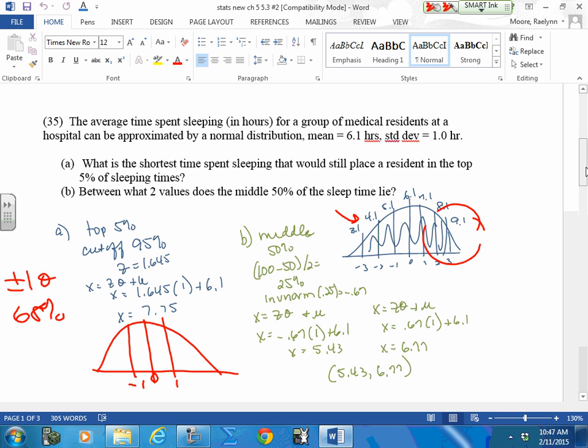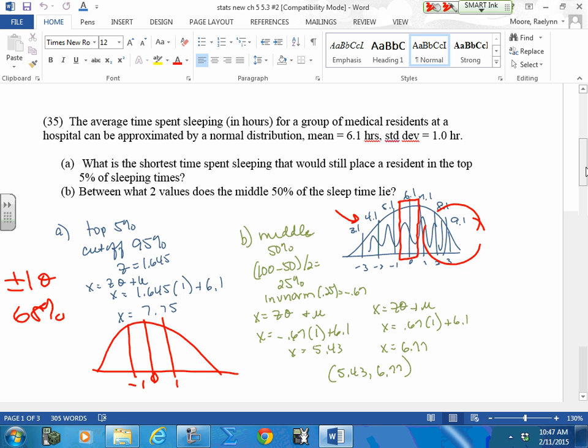So my 50% has to lie within this, doesn't it? Because it has to be symmetric about the mean. The middle 50%. So somewhere between those two numbers is where my answer has to fall. Now, the inverse norm doesn't have an in-between like the PDF did.